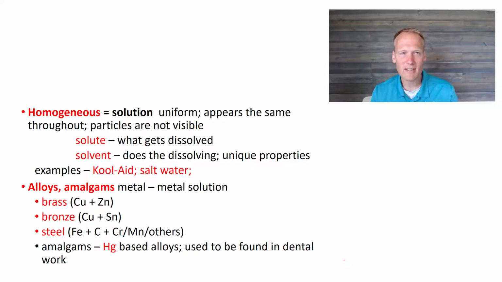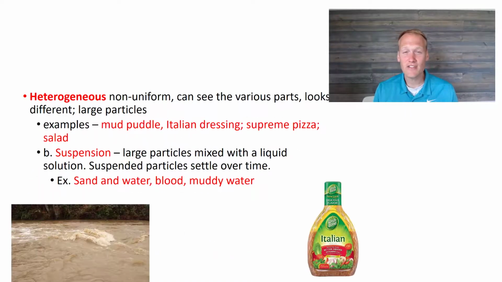An amalgam is simply just an alloy that has mercury in it. We used to use amalgams for dental work before we got more synthetic materials that worked better and are a little more white and match the color of teeth. Amalgams are an alloy.